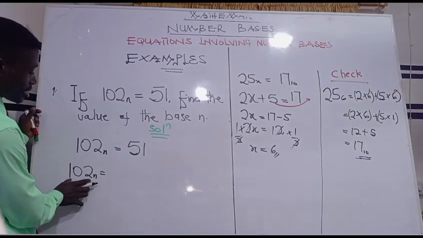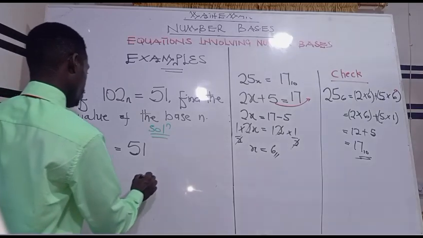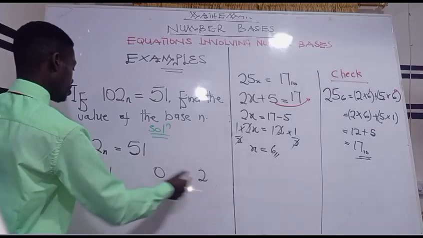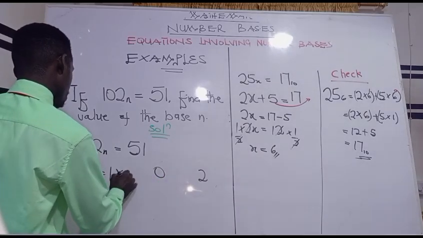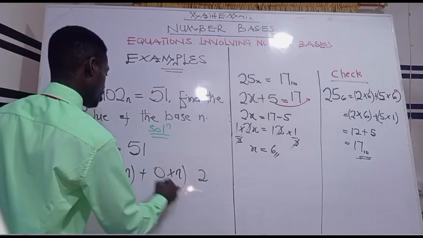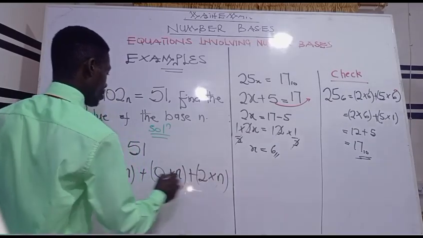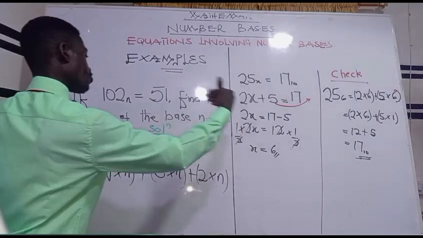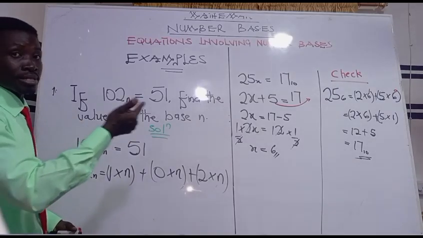Good. So let's convert 102 base n to a base 10 number. So we are going to write this number in order as it is here. So we have 1, 0, and then 2. And then we multiply each of these numbers by the base given. So we have multiplied here by n. We sum them, multiply here by n. We sum them, multiply here by n. So what we are going to do is start counting from the extreme right to the left on top of the number base, starting from 0.